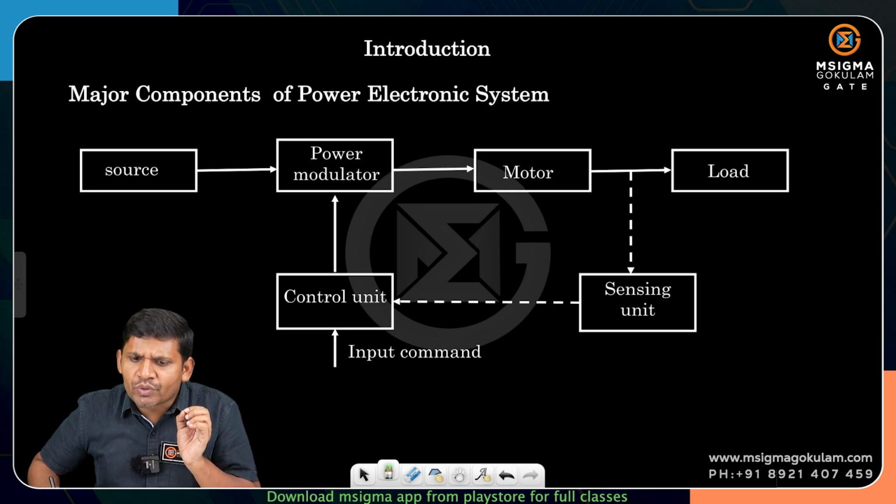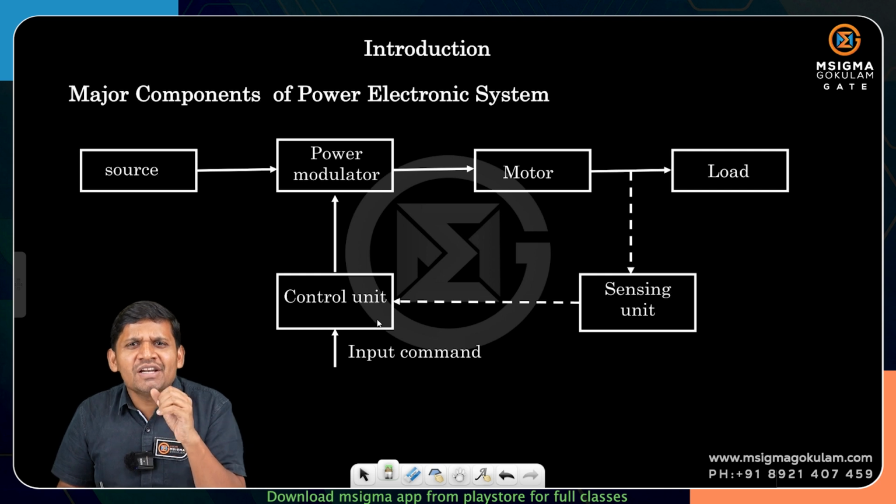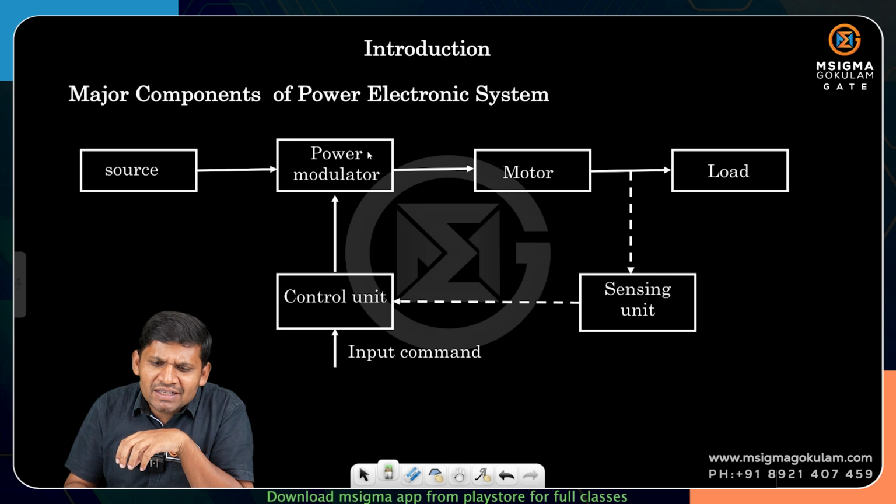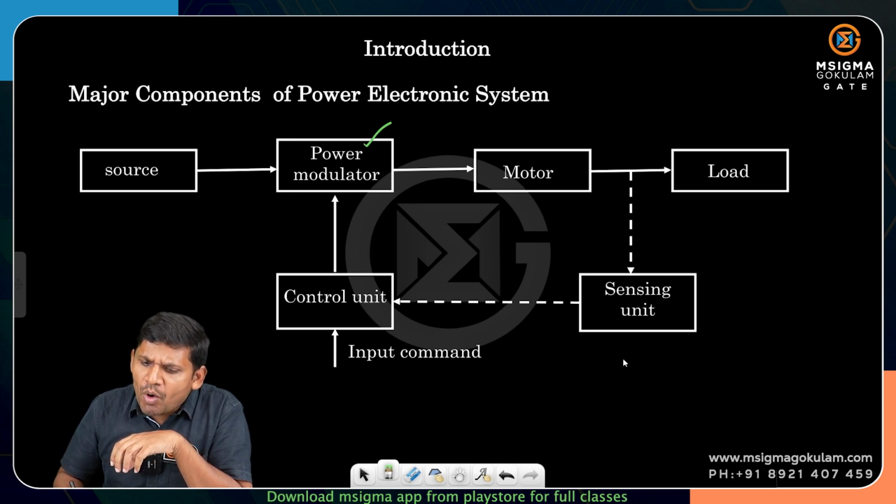But point to remember, friends, what are the major components of the power electronic system? Mainly it consists of one power modulator. What is the power modulator here? The power modulator is nothing but a power electronic circuit.